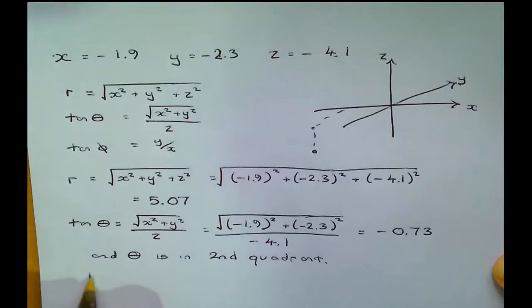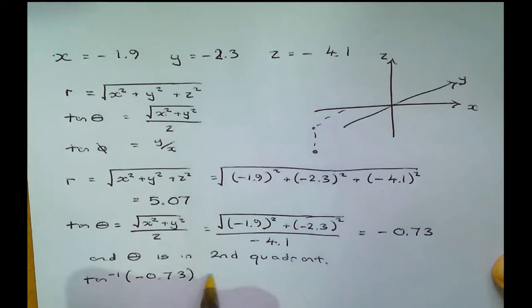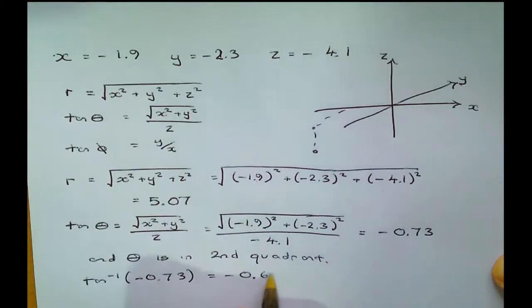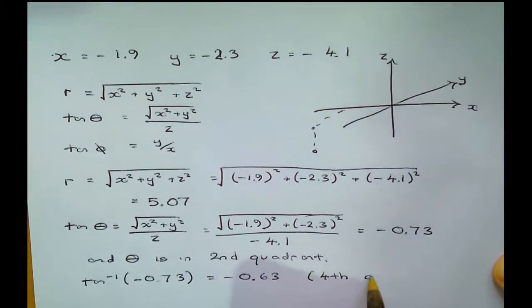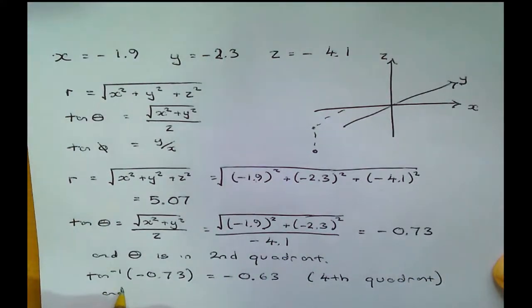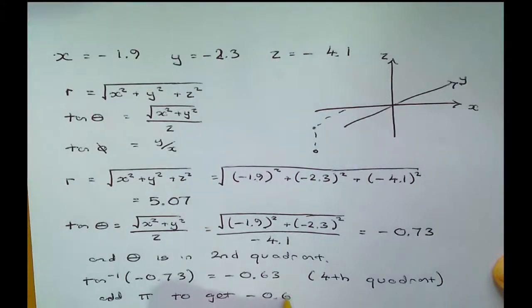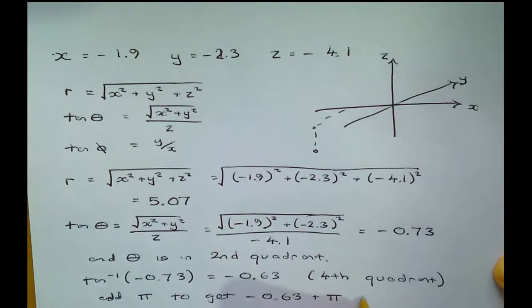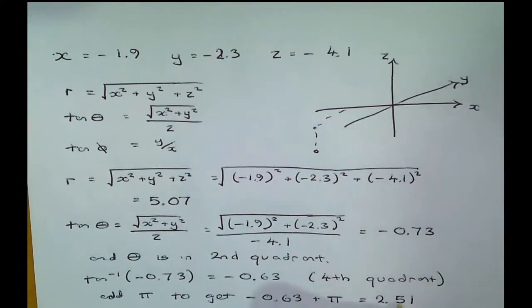We note, of course, that inverse tan of minus 0.73 is minus 0.63, and of course this would give us something in the fourth quadrant. So we add pi, so we get minus 0.63 plus pi, we get 2.51 radians. And this is indeed in the second quadrant.